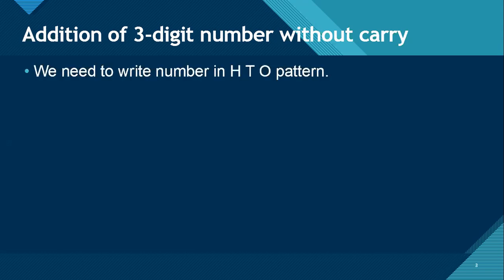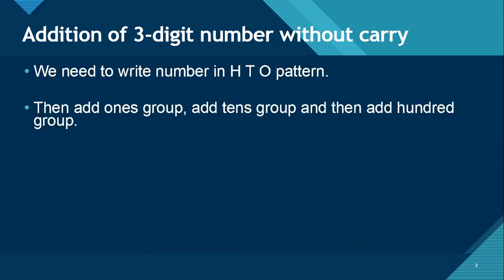First, the numbers that we are given to add should be written in HTO pattern. The next step, add the ones group, then the tens group, and then the hundreds group. So let's see an example. The example is add 121 and 865.